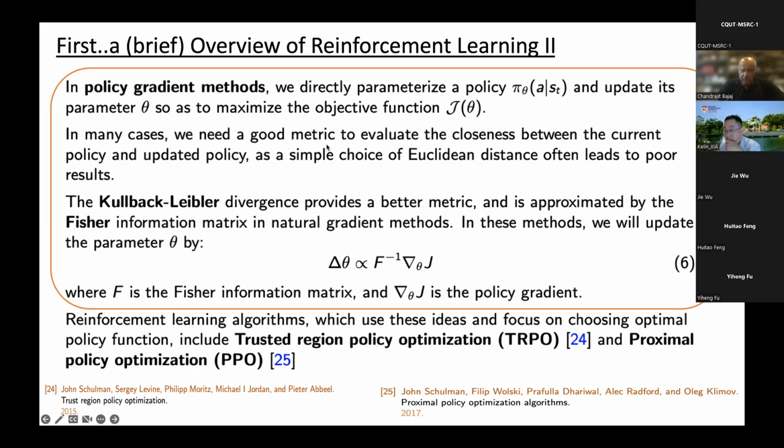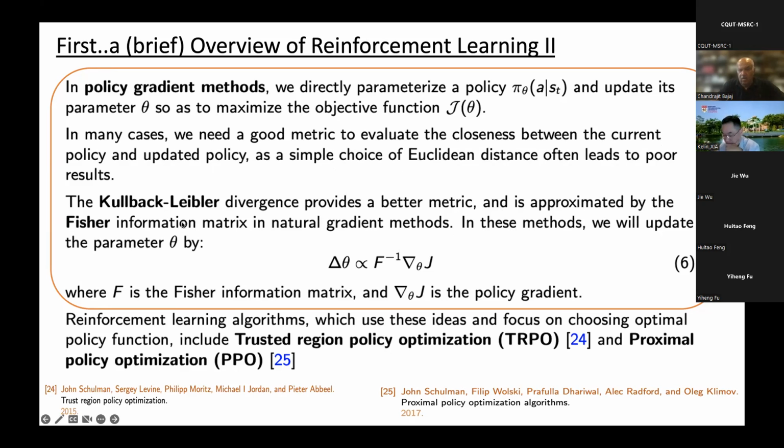The problem is, of course, what is the choice of metric to evaluate the closeness between the current policy and the updated policy so that you can apply these derivatives. And these derivatives are over policy spaces. So depending on your representation of the policy, the appropriate metric has to be chosen on that policy space. And just Euclidean distances often lead to poor results.